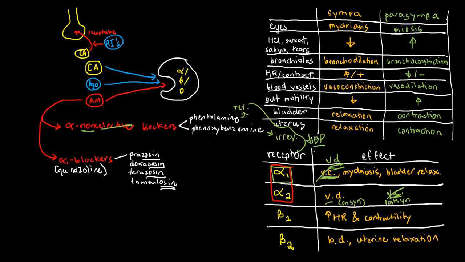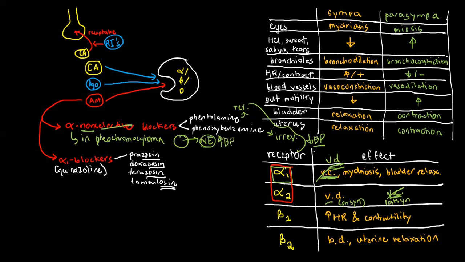In fact, the only time that you use these two drugs is for reduction in blood pressure before you do surgical operation on a tumor called pheochromocytoma. Pheochromocytoma is a tumor that releases a lot of norepinephrine. And since norepinephrine is going to activate all of these guys, then of course you expect a rise in the BP.